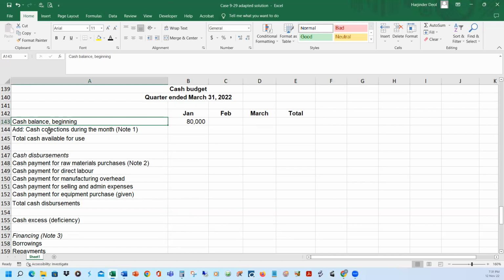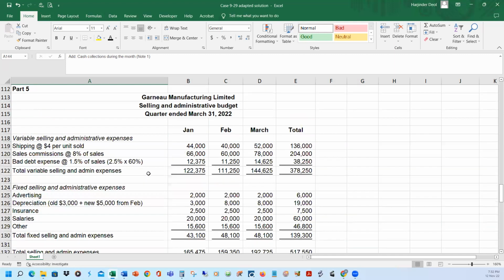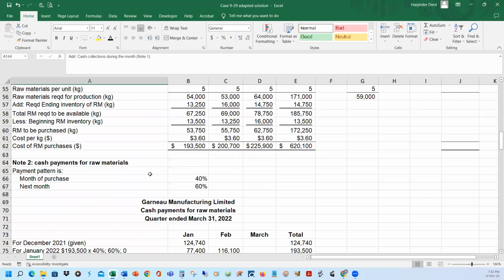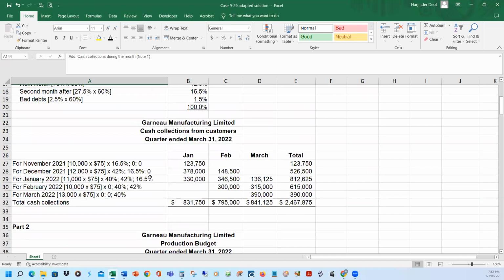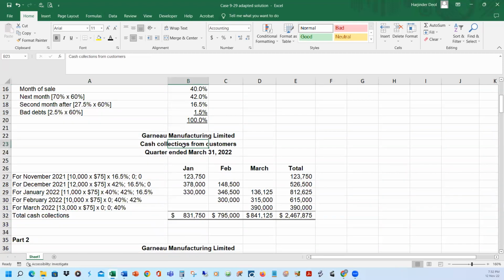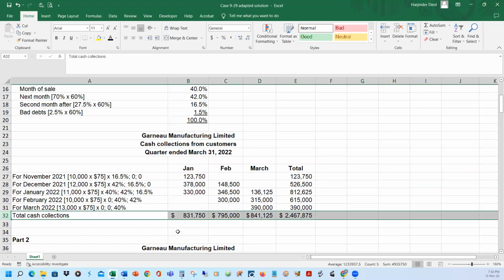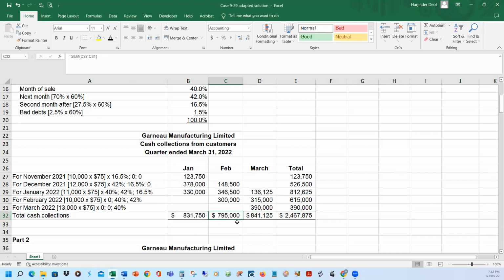To the cash balance beginning, we add cash collections during the month. Now this, fortunately, we have been able to calculate for all of the 3 months. Our cash collection schedule, we had figured out that in the month of January, we're going to collect 831,750. For February, it will be 795,000.